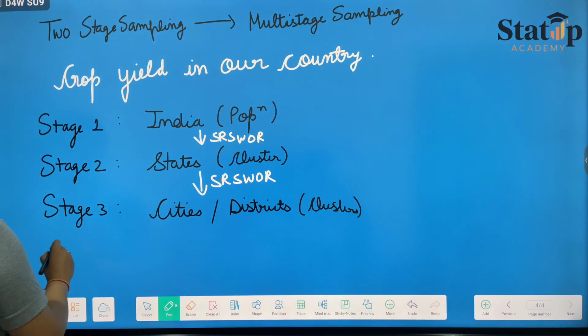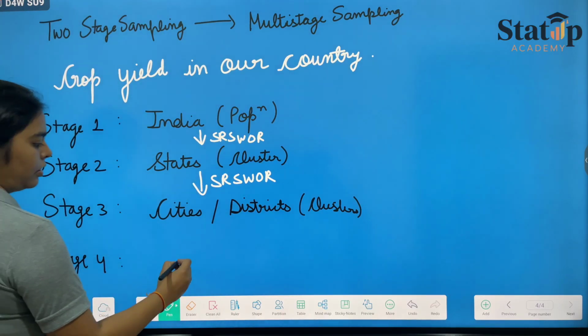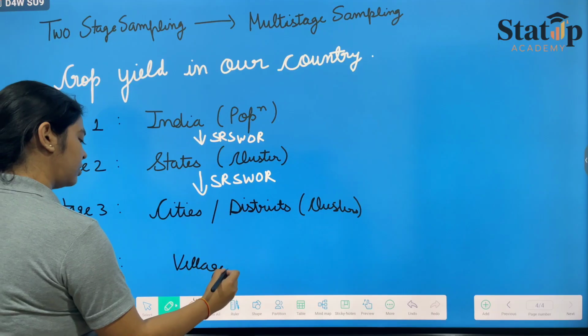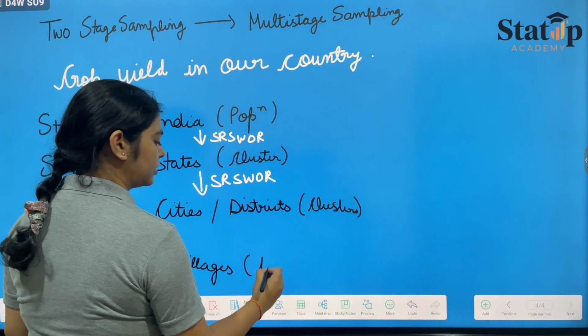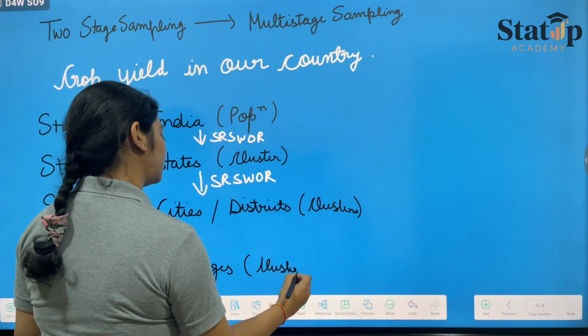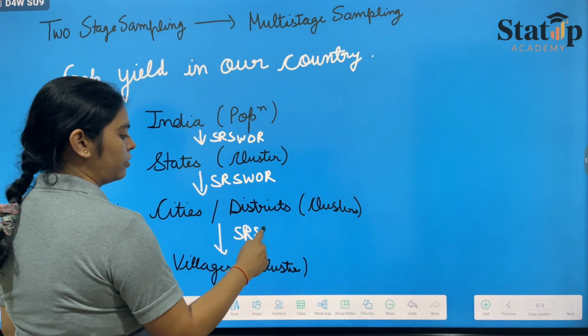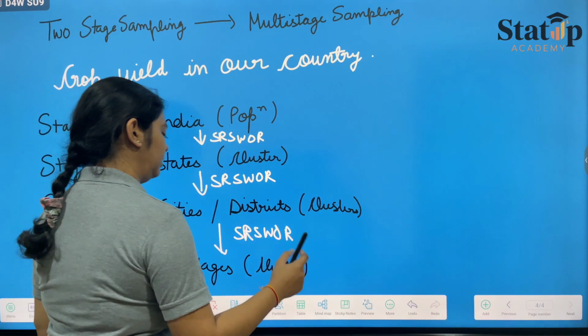Then stage 4, we select villages, again clusters.